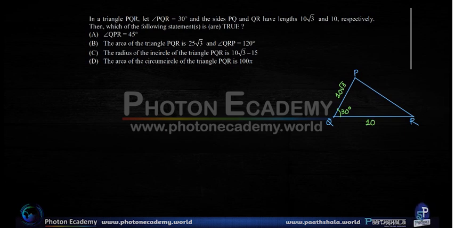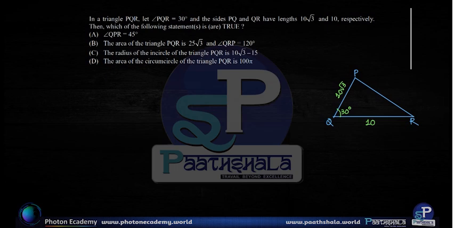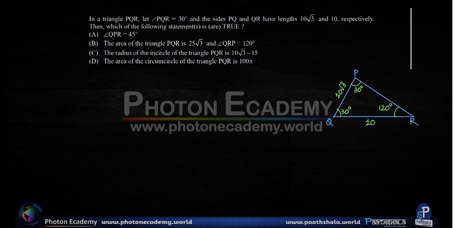We found that the value of theta, which is equal to angle QPR, is 30 degrees. That implies angle PRQ is 150 minus theta, which is 120 degrees. So the second part of option B, which says angle QRP is 120 degrees, is correct.